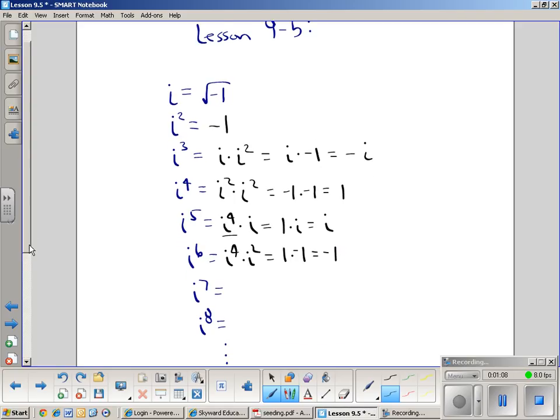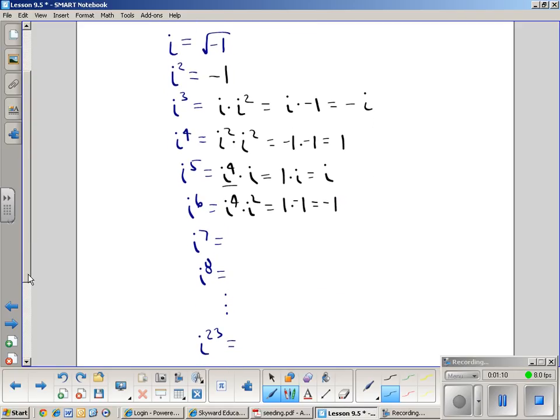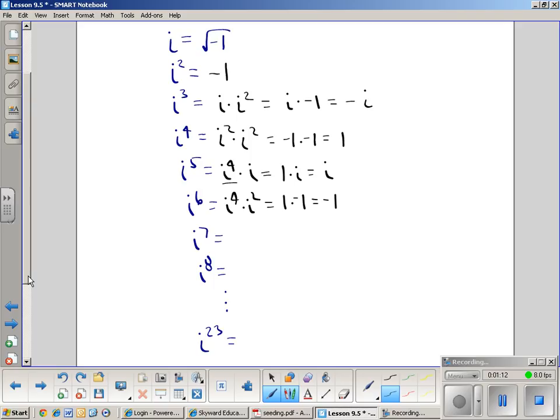What's i to the seventh? Okay, it's going to be i to the fourth times i cubed, right? Well, this is 1. This is negative i.